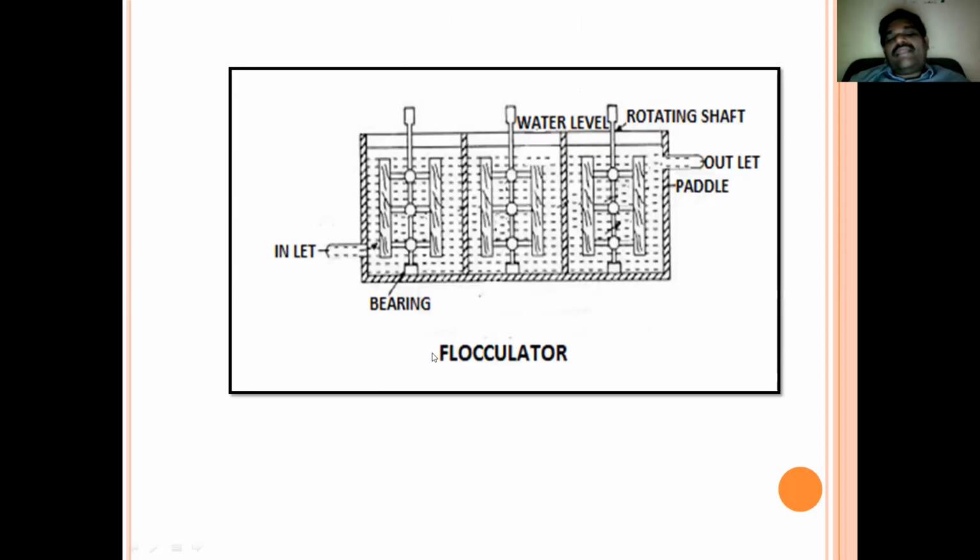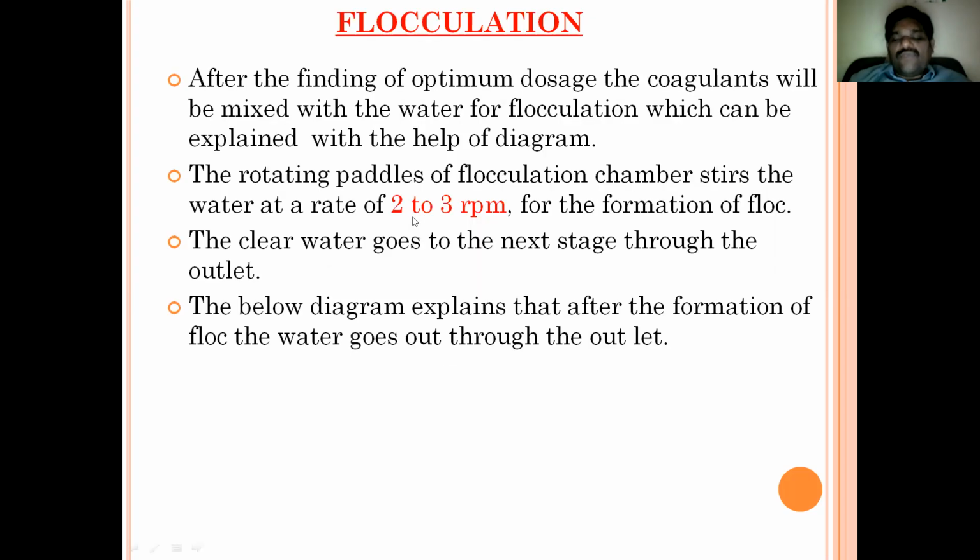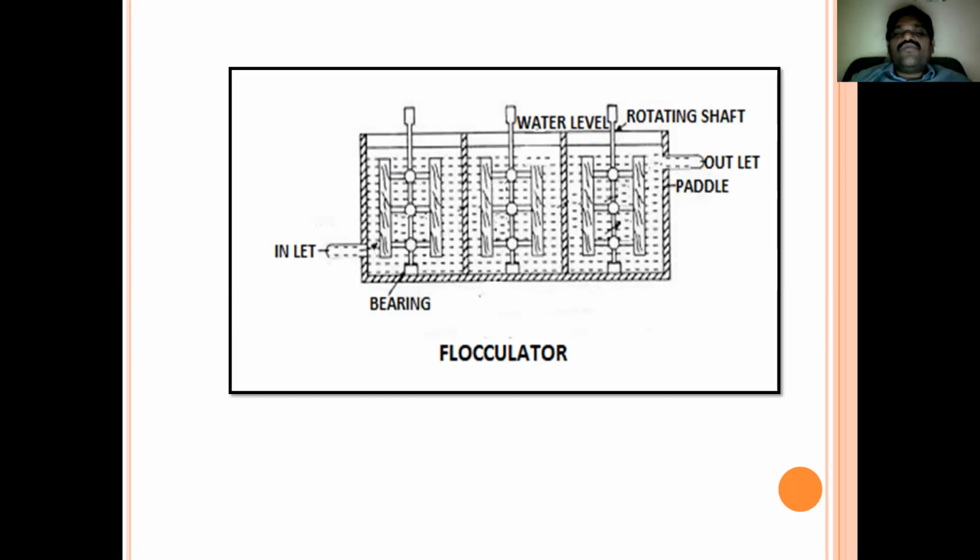this is a flocculator, with the inlet coming from the sedimentation tank. After adding the coagulant, the water enters the flocculator, and this is the stirrer, fixed on a bearing, and it stirs the water at 2 to 3 rpm to form the floc.